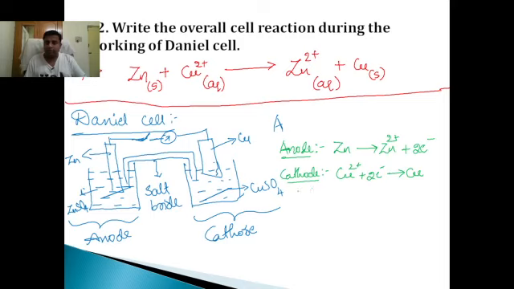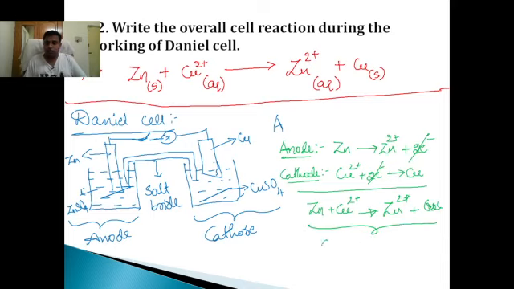Is that correct? So what is the overall reaction? 2 electrons get cancelled. Zinc combines with Cu2+ to give Zn2+ plus Cu. Yes, this is the overall reaction.